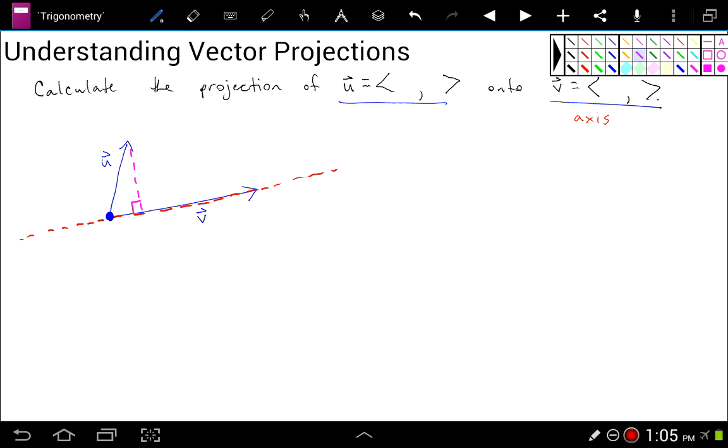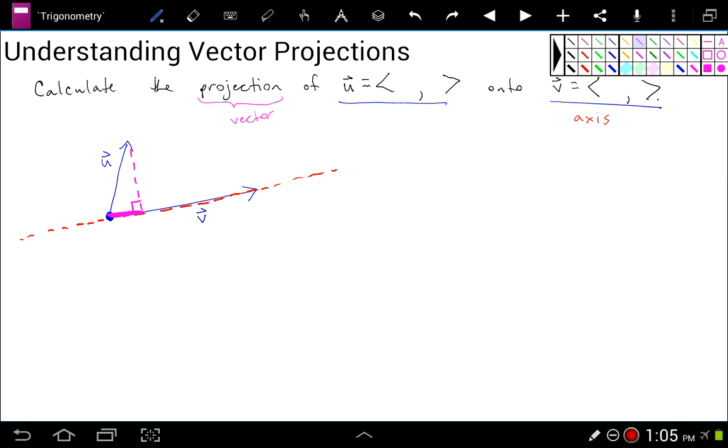Well, the projection, you could probably imagine, is this piece down here. It's sort of the image of u on the v axis. Now, one other thing to realize, the projection is itself a vector. Okay? So this piece that I've got down here currently is not a vector.